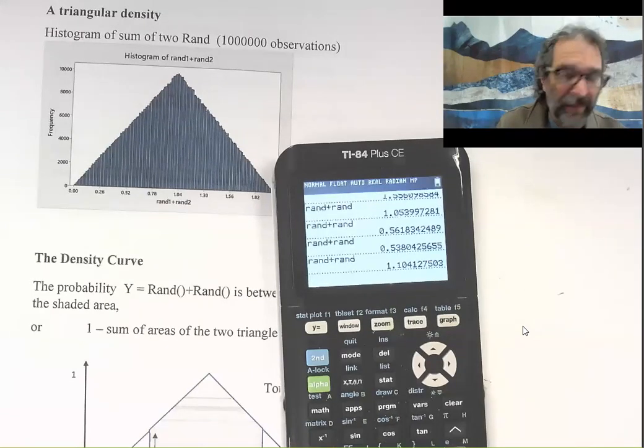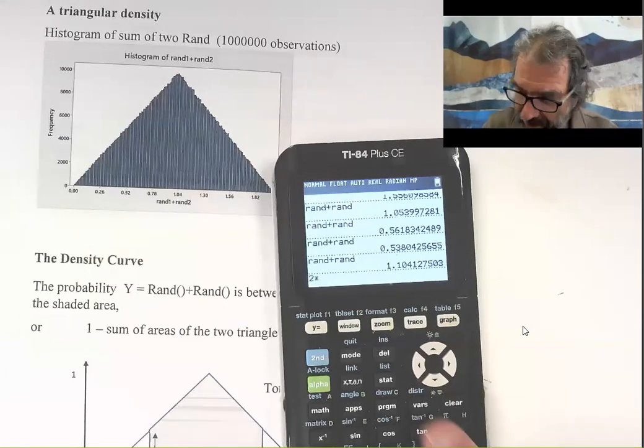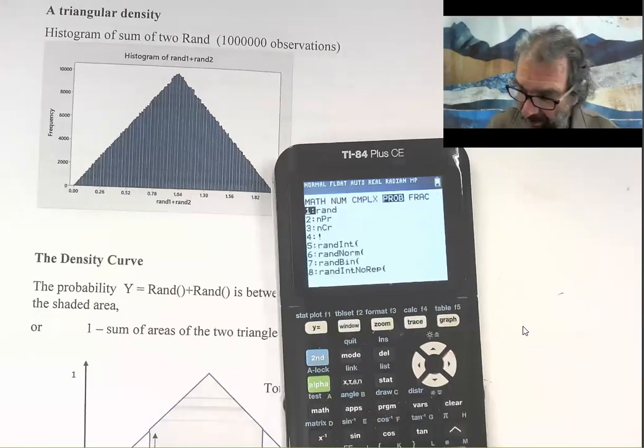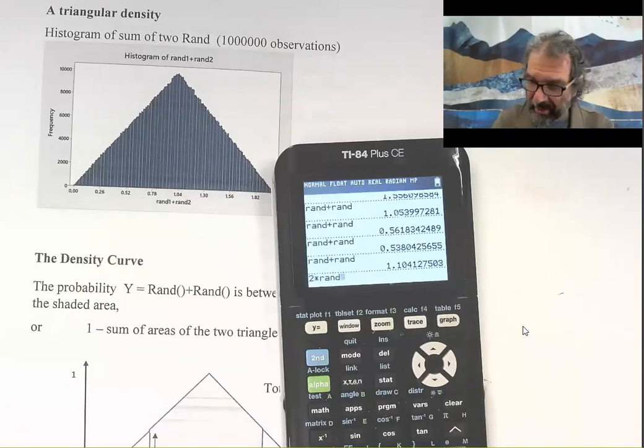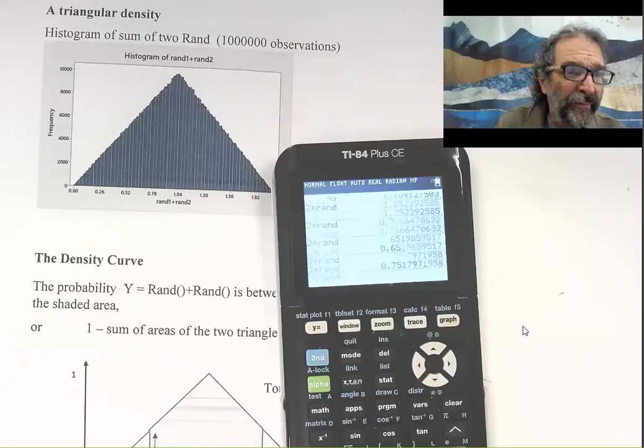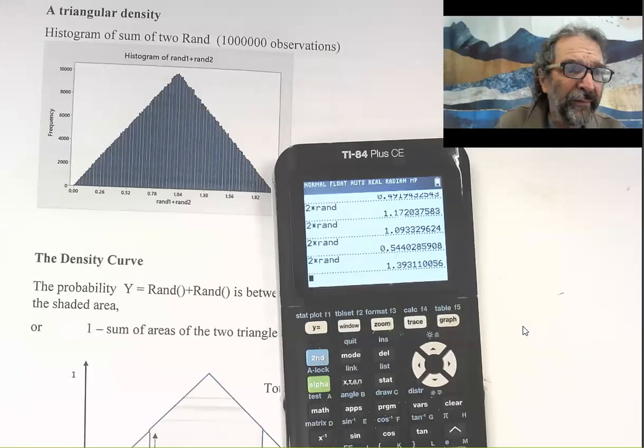If we did 2 times rand, like that, which I was wondering if we had that. We try running that. Then we ought to see, it's pretty hard to tell.